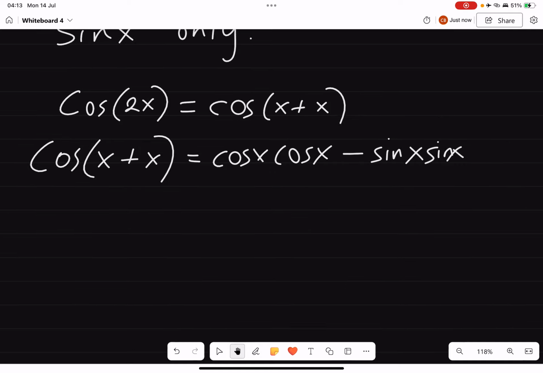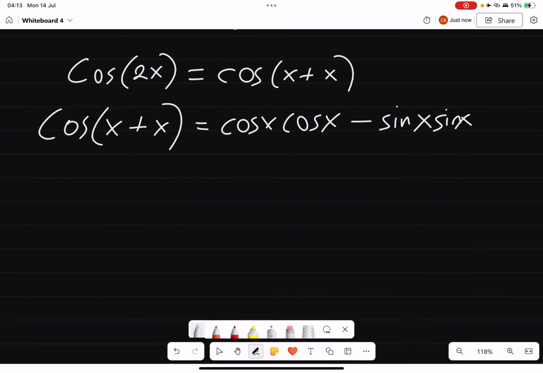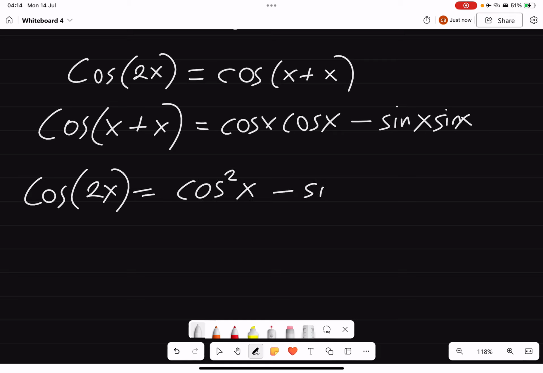And then from here, we can see that, okay, remember this is still cos 2x, because x plus x is still 2x, gives us cos²x minus sin²x. Because cos x times cos x is cos²x, sin x times sin x is sin²x.